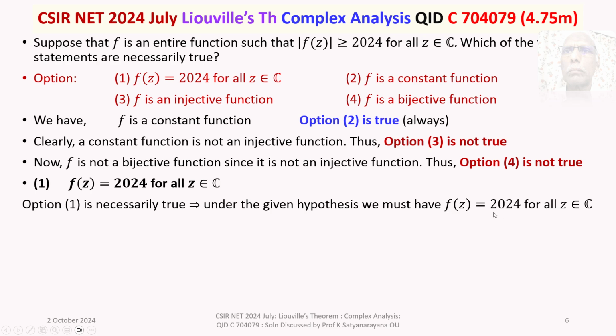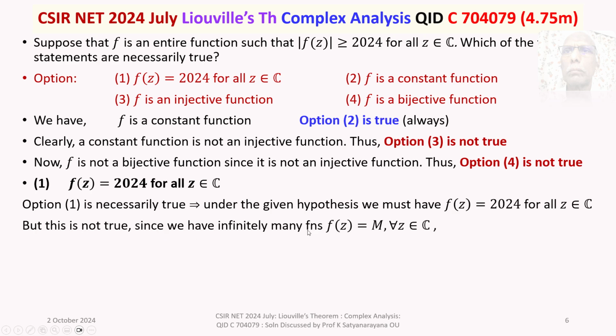But this is not true, since we have infinitely many functions defined like this. f(z) is equal to m for all z belongs to C, where m is greater than or equal to 2024, satisfying the hypothesis. It is an entire function, a constant function, and it satisfies the hypothesis.